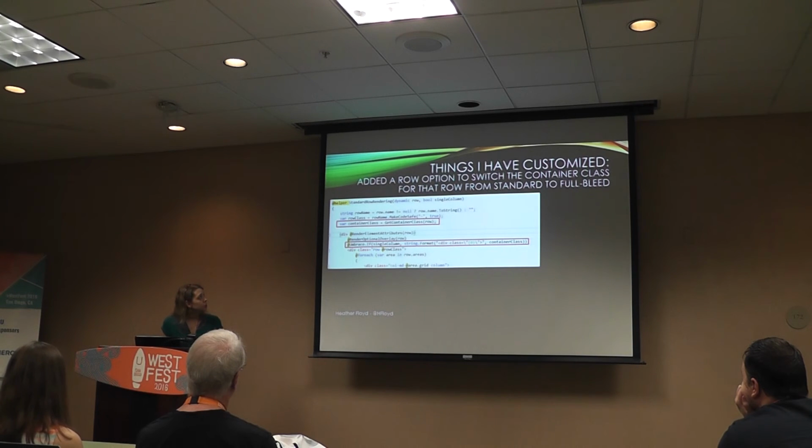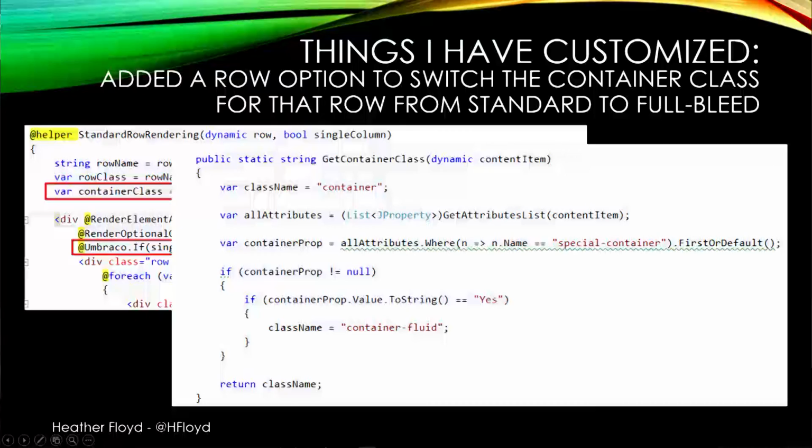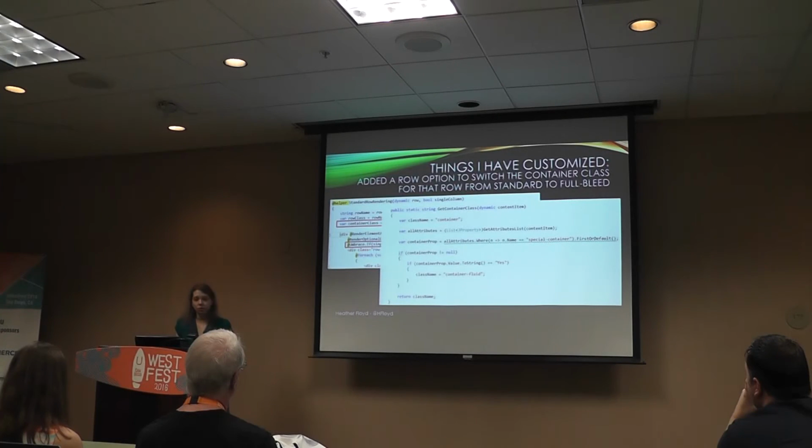And so what we did here is we said basically, get the container class, which is there. We just say, take a peek, and if this particular option, which is called special container on the row, is checked, then just change the class to container-fluid instead of plain container for this particular row. This fixed a really sticky design problem we were having.